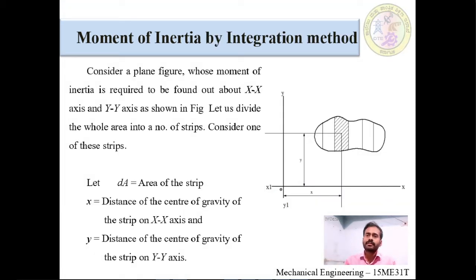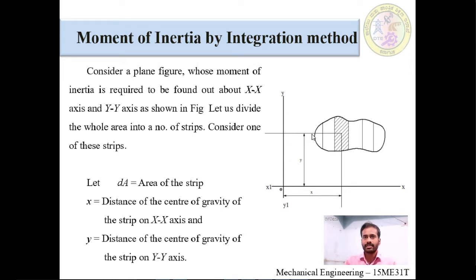Okay. Now, how to calculate this moment of inertia? So, we have different methods. One is the integration method. We will consider a plane figure as shown in the figure here, whose moment of inertia is required to find out about x-axis, this is the x-axis and this is y-y axis.